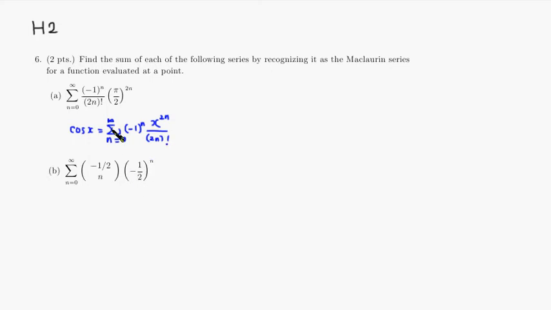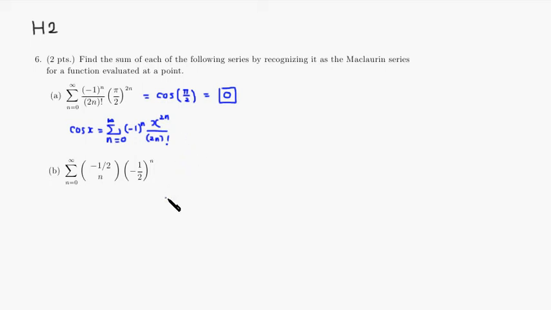So you can see that the only difference is that x is replaced by pi over 2. So this is going to be equal to cosine of pi over 2. But the cosine of pi over 2 is actually 0.